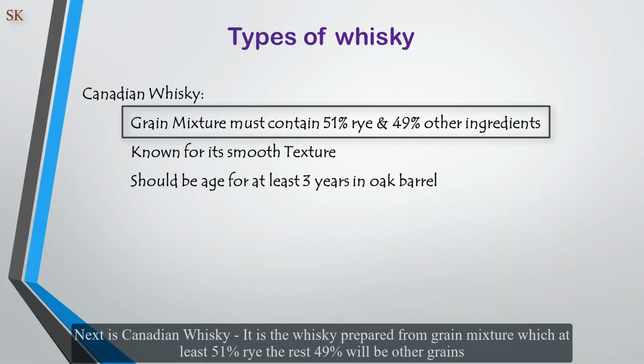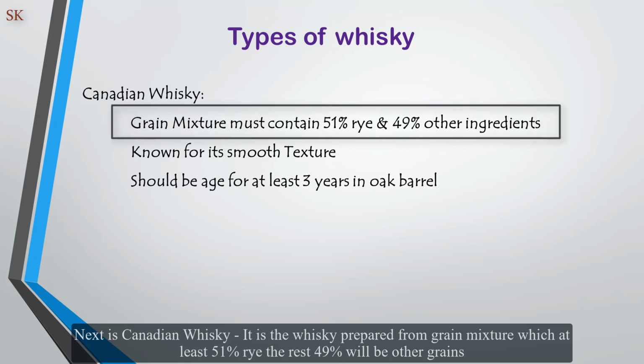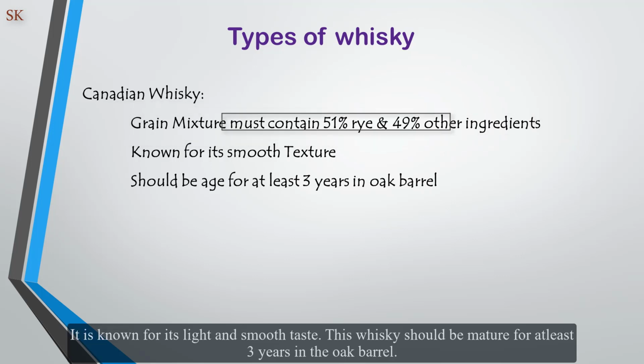It is the whiskey prepared from a grain mixture which is at least 51% rye. The rest 49% will be other ingredients. It is known for its light and smooth taste. This whiskey should be matured for at least 3 years in oak barrel.